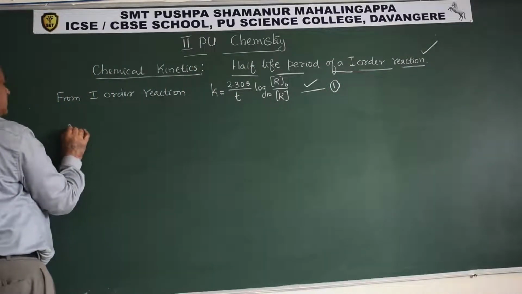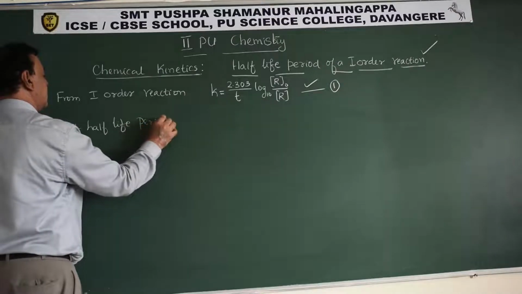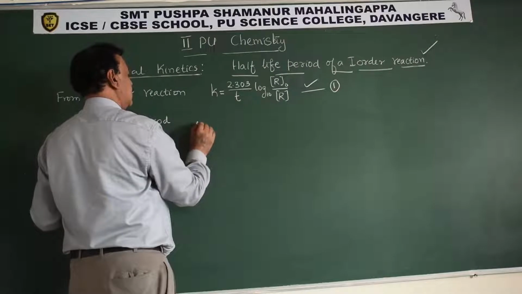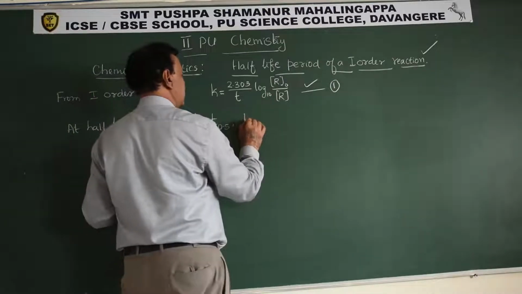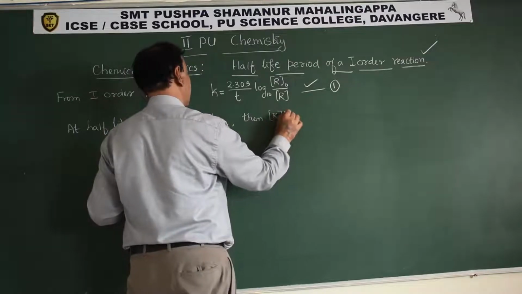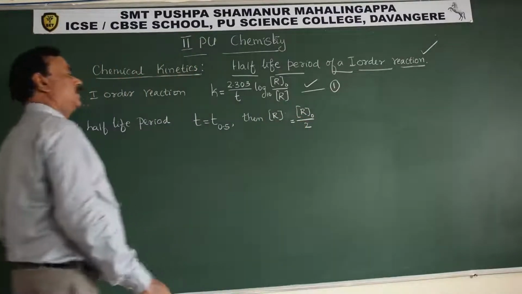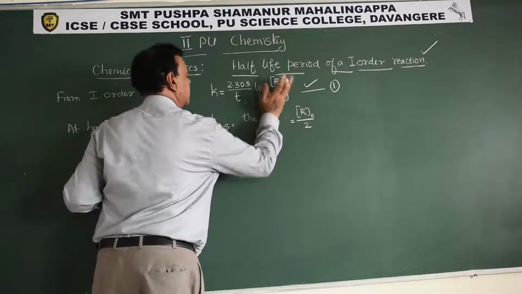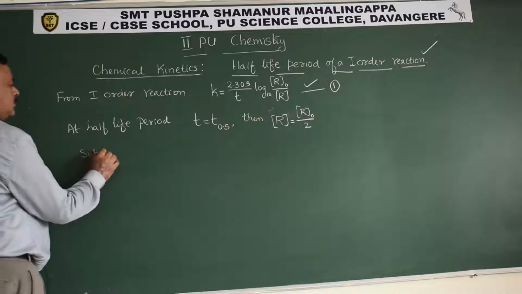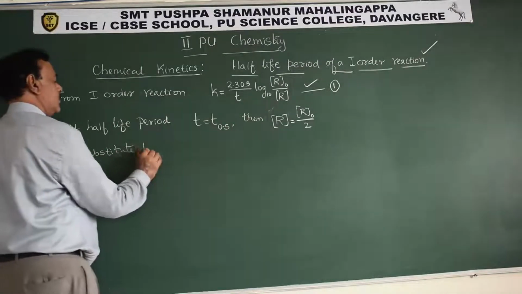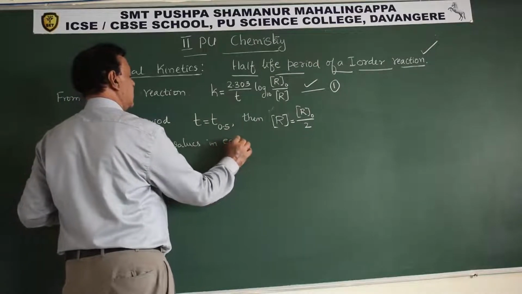At half-life period, T is equal to T 0.5 and R is equal to R naught divided by 2. Substitute these values in equation 1.